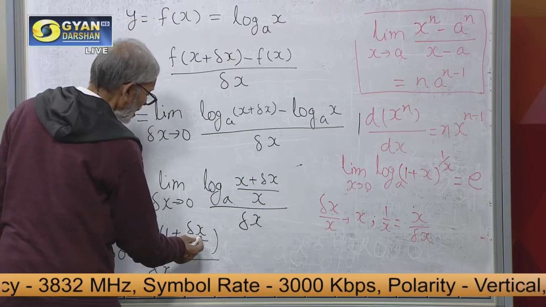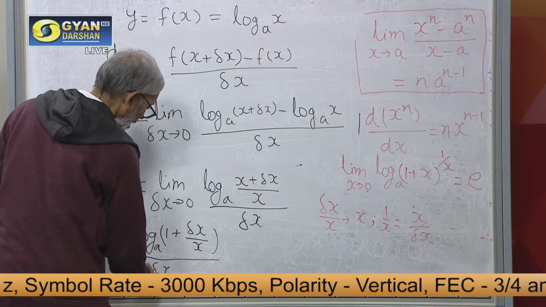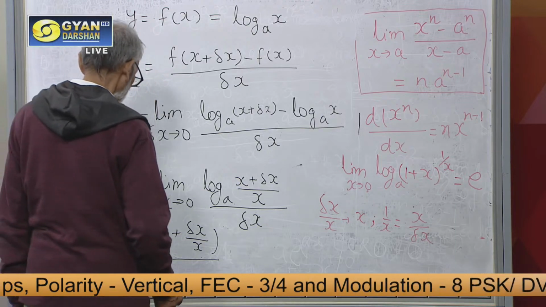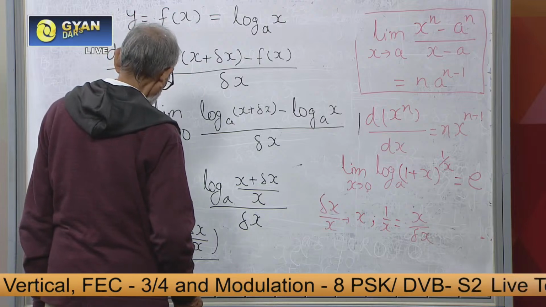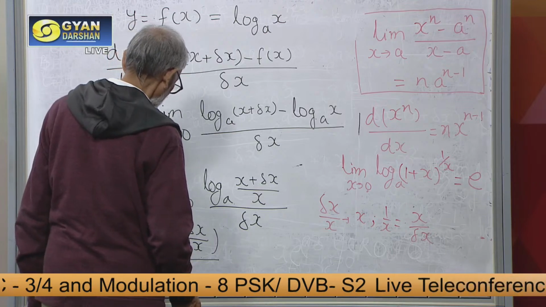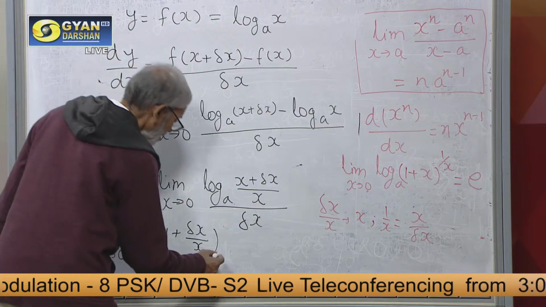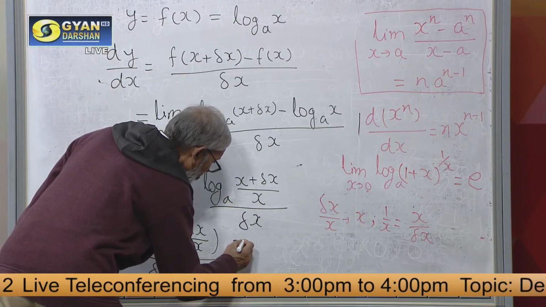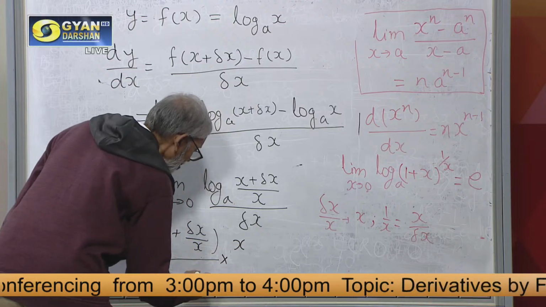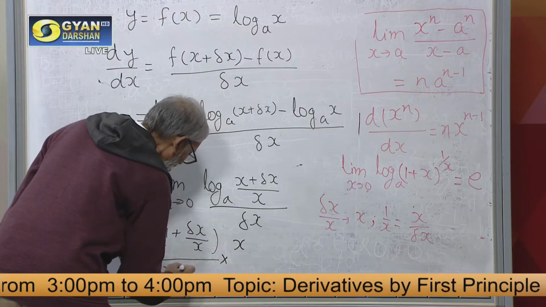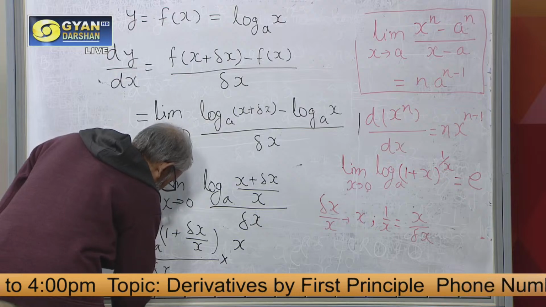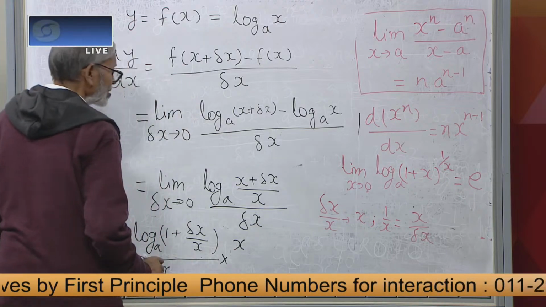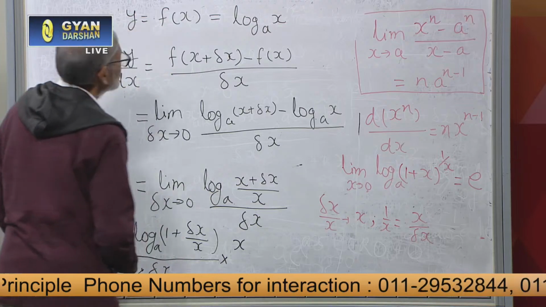So 1 plus x, and this delta x we will put as, multiply it by x both in the numerator and in the denominator. So it will be x by delta x.